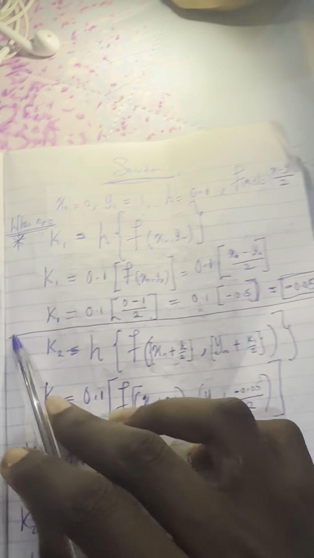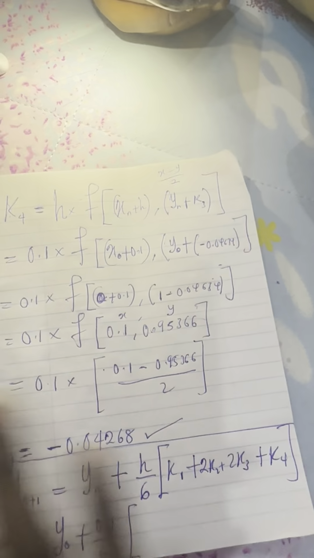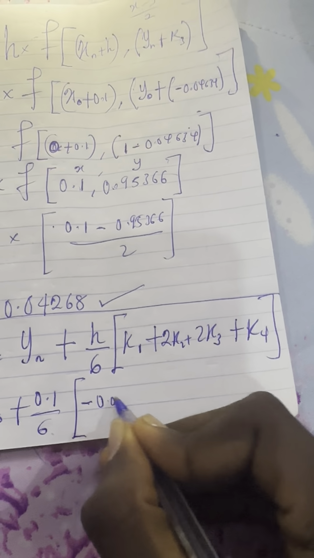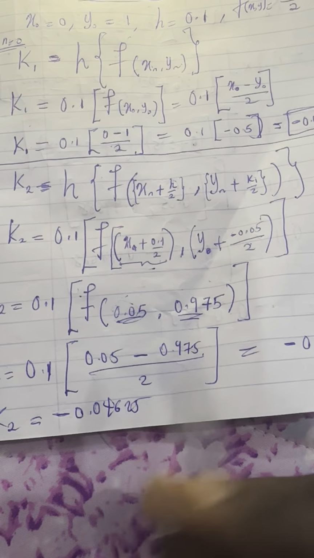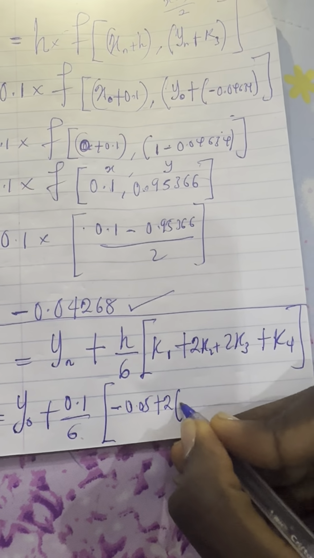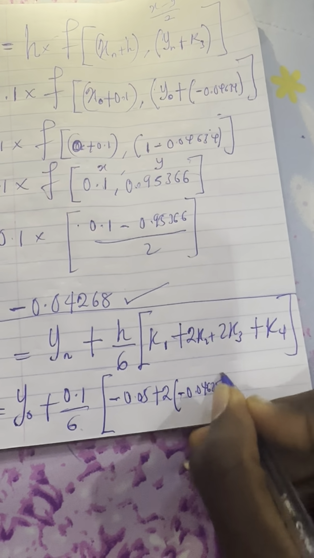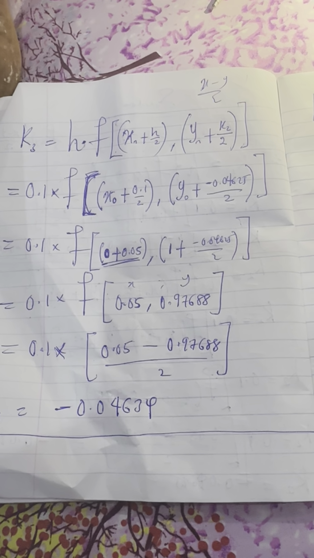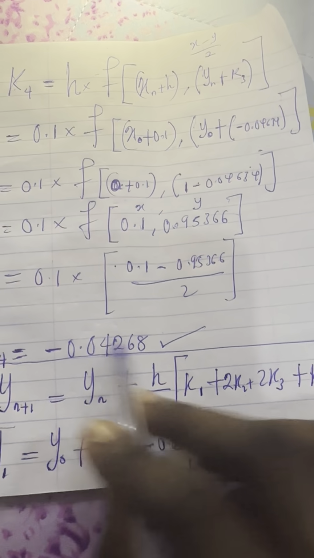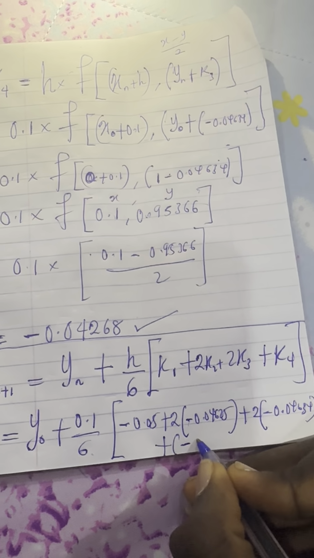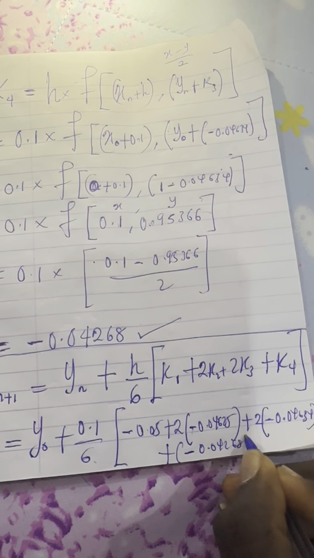So what's my K1? I've gotten my K1 for the first iteration, which I underlined here. I have my K1 as minus 0.05, plus twice of K2. The result for K2 remains as minus 0.04625, plus twice of K3, minus 0.04634, then plus K4, which is this result here, minus 0.04268.